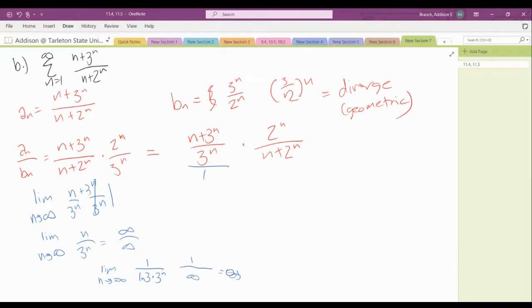So now let's take our other one. If we do this, once again we're going to get infinity over infinity. We can try L'Hopital's rule, but the issue is we might end up back where we started.